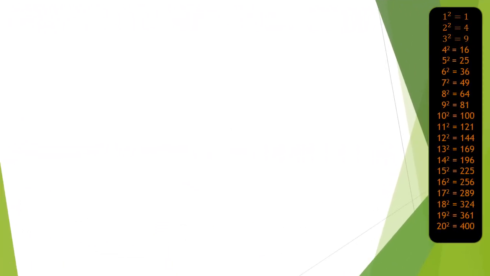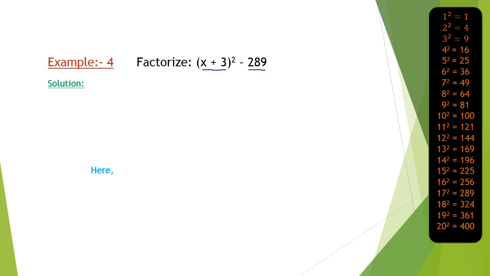Let's see the next example, example 4. Factorize (x plus 3) square minus 289.